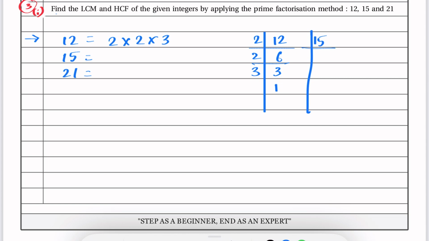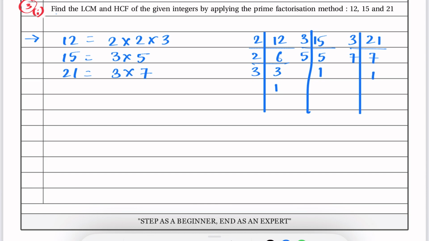For 15, what we have, 3 times 5 and 5 times 1. For 21, we have 3 times 7 and 7 times 1. So we write here 3 times 5 for 15, 3 times 7 for 21.